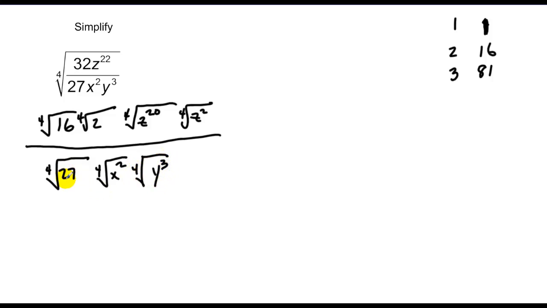Now I need perfect fourths to be able to get these out of the radicals. So my first perfect fourth dealing with the number is 81. To get 27 to an 81, I need to multiply by a 3. To get x squared to a perfect fourth, I need to get that to an x to the fourth.